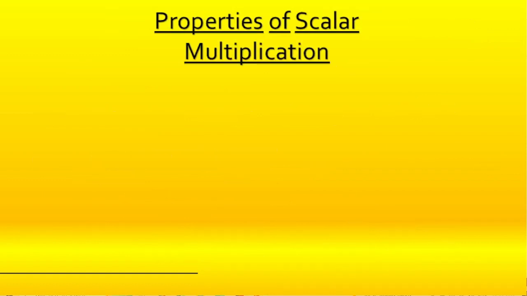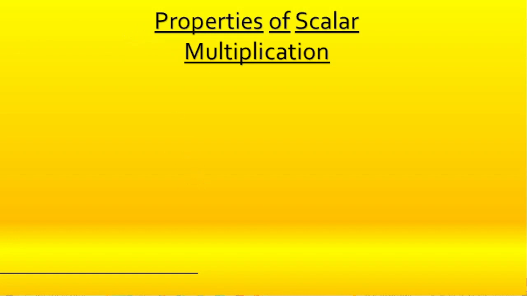Okay. Now moving on to properties of scalar multiplication. So already we studied about scalar multiplication. Now we are looking at the properties of scalar multiplication. When you talk about the properties of scalar multiplication, look carefully.